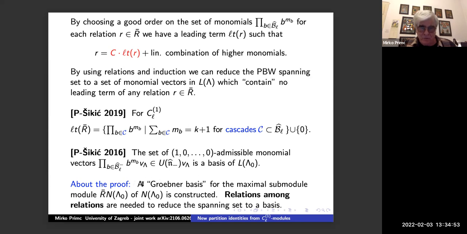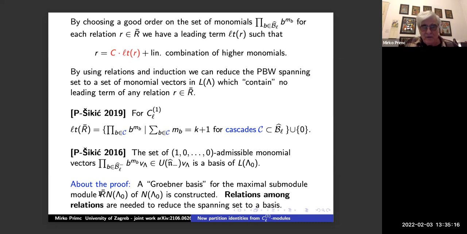About the proof here, it is really to try to find a Gröbner basis or Gröbner type basis for the maximal submodule R bar n of lambda of this vertex algebra.